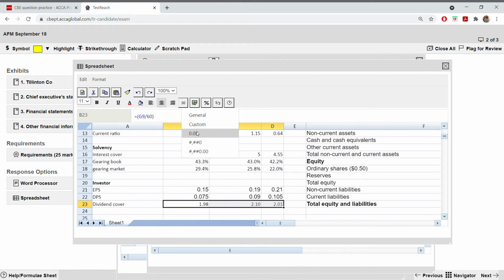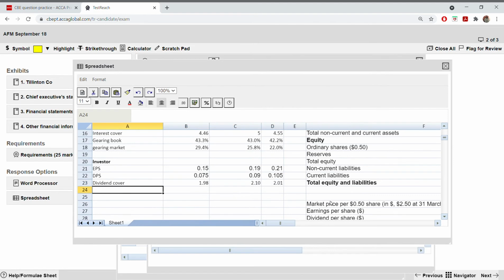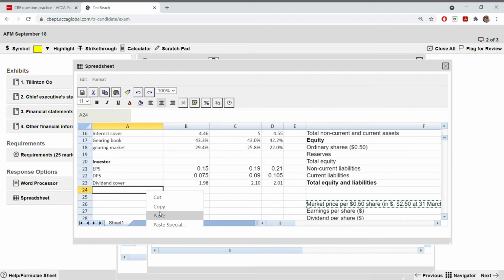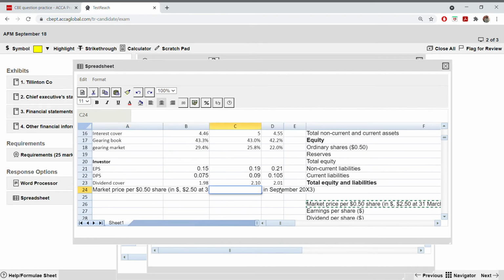Market price. What is the market price? Just copy it here. All these things are not needed.